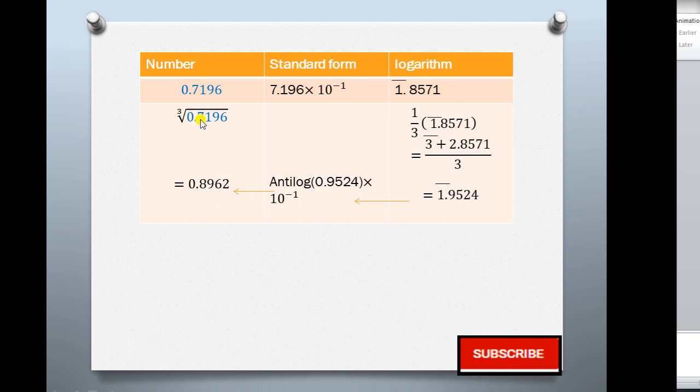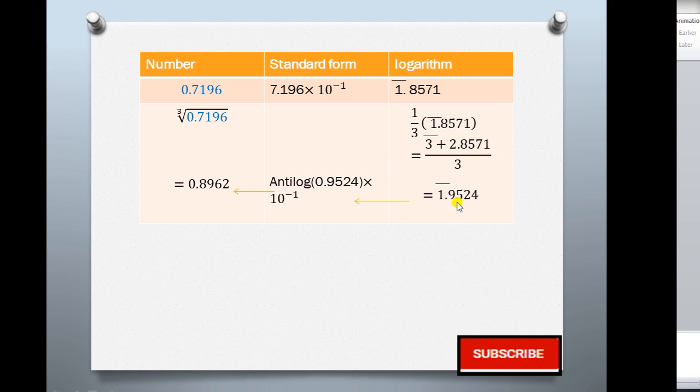Then cube root now means 0.7196 power a third. So we simply get that power, which is a third, and we multiply by the logarithm that we obtained in the first step here. That is why we have this step here. Then we have to simplify this by breaking it down into 3 bar plus 2.8571 divided by 3. And that gives you 1 bar 0.9524.